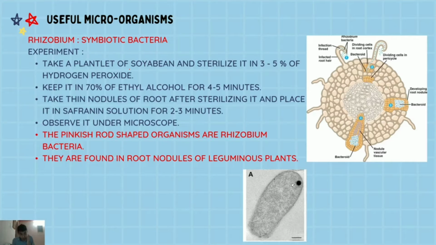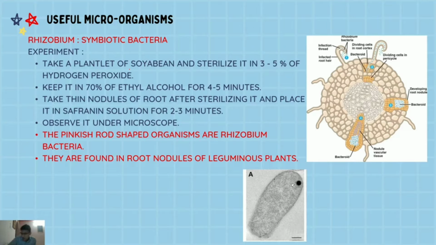Then we will keep it in 70% ethyl alcohol for 4 to 5 minutes. So after sterilizing the plantlet of soya bean, we will again keep that plantlet in 70% ethyl alcohol for 4 to 5 minutes.